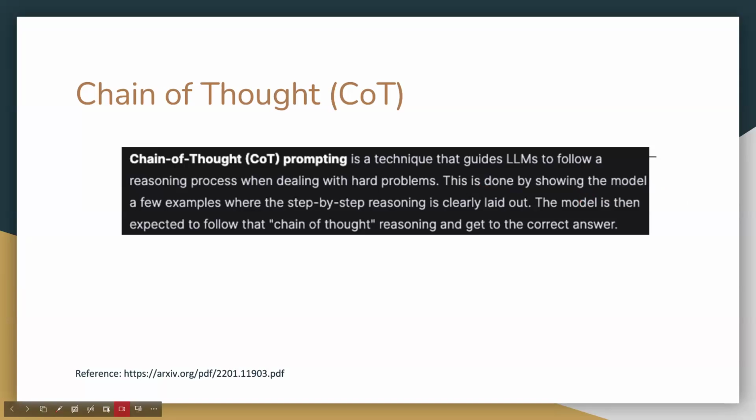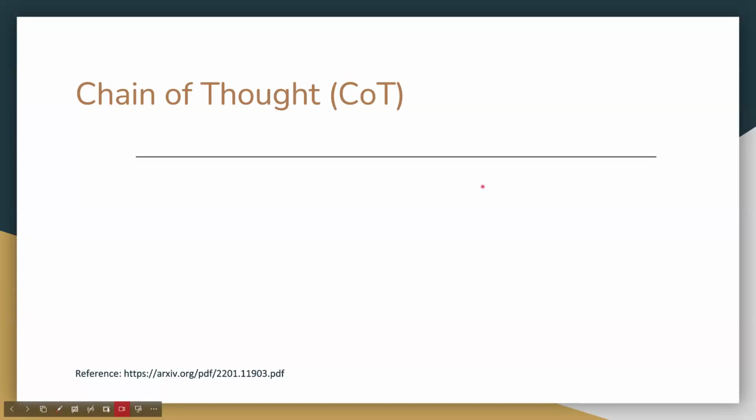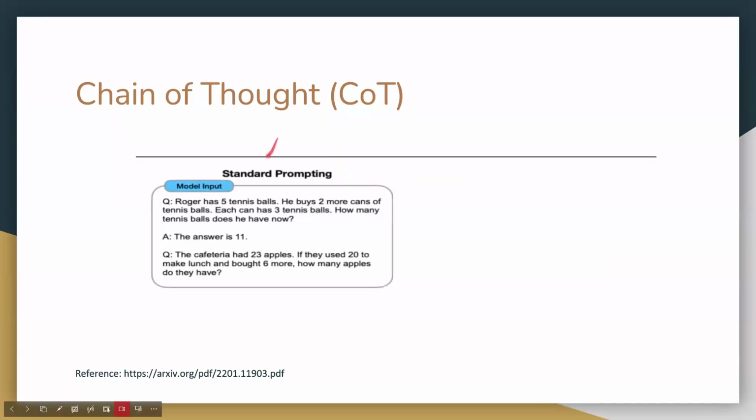So for this example here, we can see in a normal standard prompting case, a user would provide a question to the model, and then provide an answer. And then the model is provided with a similar question, and then we see that the model is not able to come to the final answer of the reasoning.